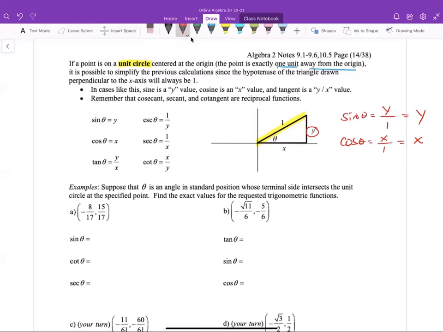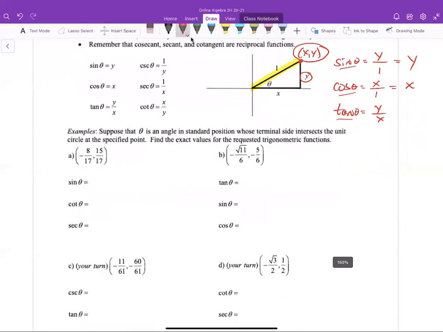So the cosine is the x value of this point. This point is x comma y. And then we have tangent, which is opposite over adjacent, so that will be y over x. So again, if you know that it's on a unit circle and you know its point, you can quickly ascertain the cosine of theta and the tangent of theta with just the y and the x coordinates.